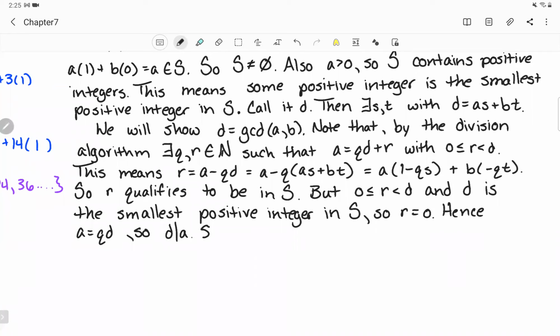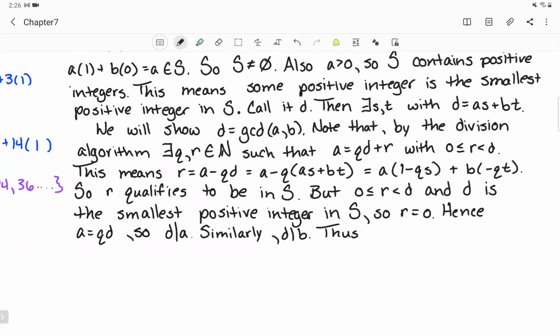So similarly, D divides B. What do you mean? If we're going to do the same exact process, something else would be similar. Correct. Yeah, if it's the exact same process for something else, you absolutely can say similarly.